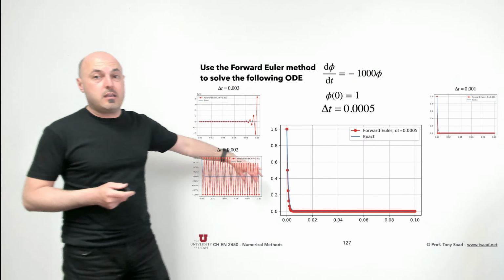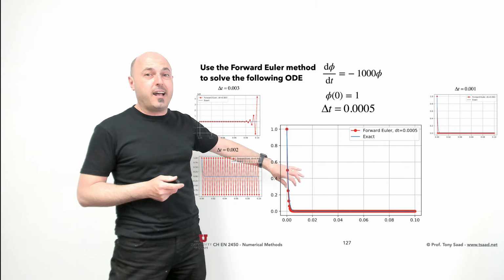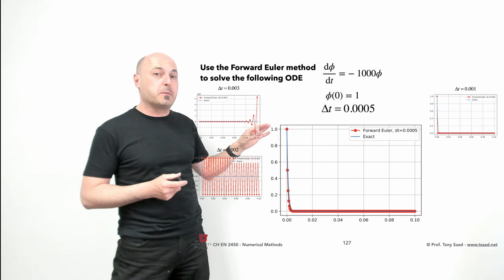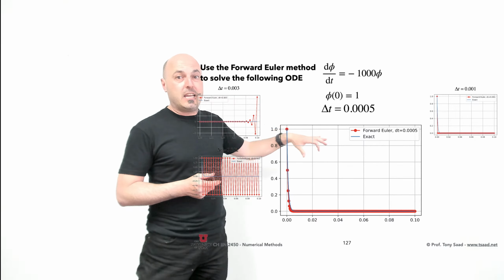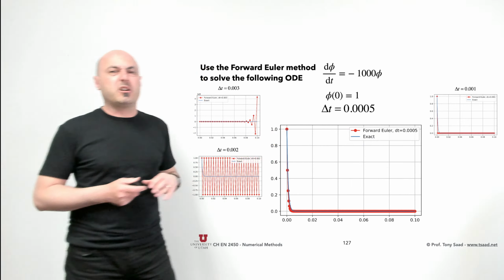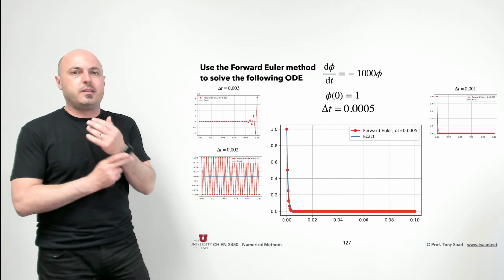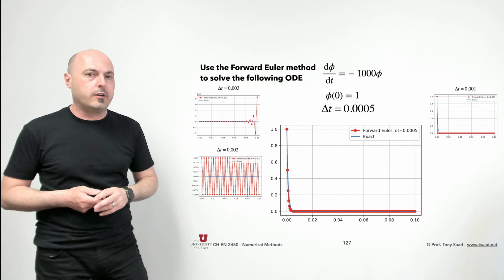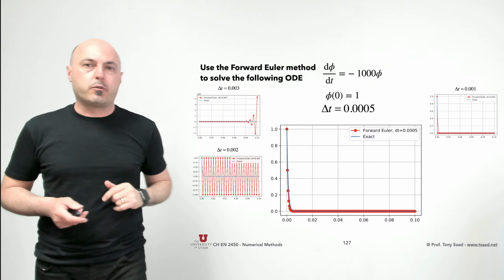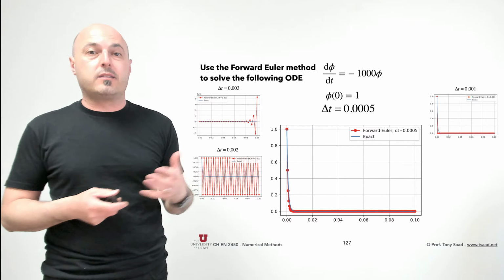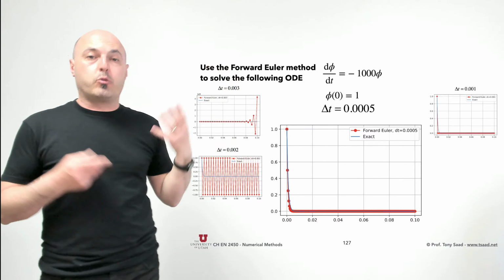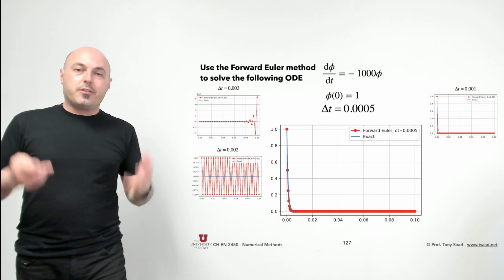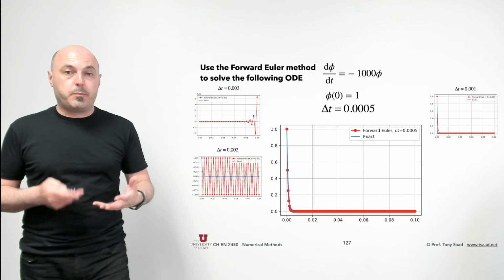You could say, when things are changing fast, I need more points, so my time step becomes smaller. But then I can increase it in regions where there's not much change. That's called adaptive time stepping. It's beyond the scope of what we're learning here. And it still is not a bulletproof solution, because you still need to anticipate where a sharp transient or a sharp change is going to happen. The other alternative is to look for implicit methods.